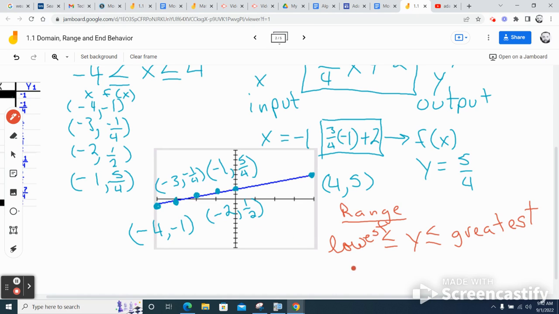So the lowest value is -1. Now, what's the greatest y value? Well, we can look at the graph. What's the highest part of this graph we have on the screen? Yes, 5. Right? When x equals 4, y equals 5. So that's 5. Now, does anybody know why Mr. Adams put those equal signs there?